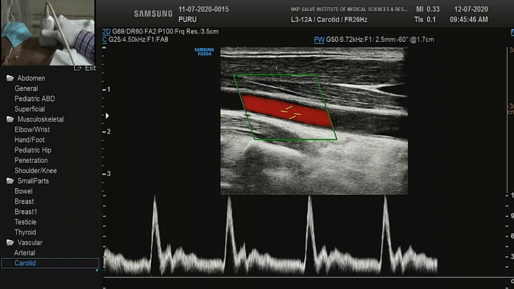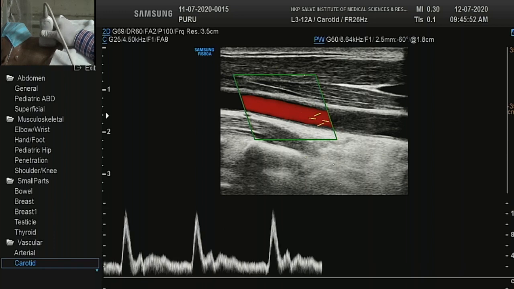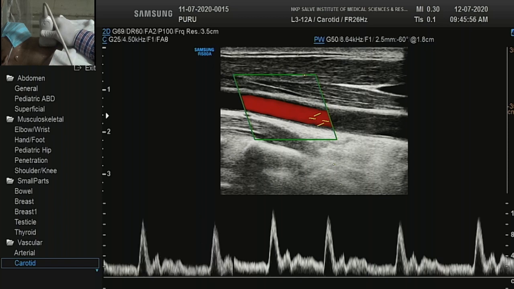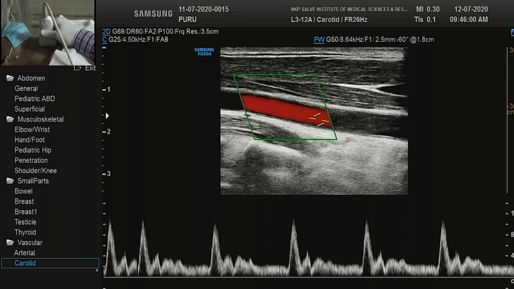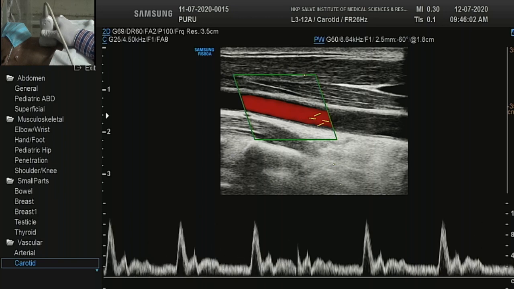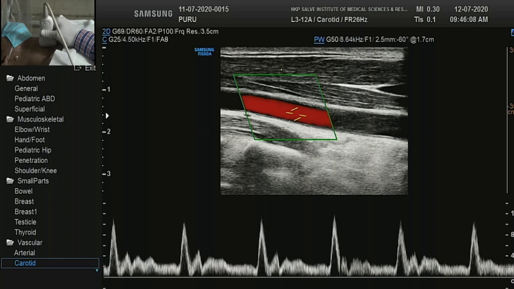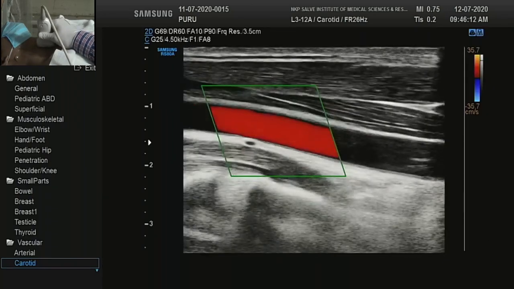So, young patient, mixed type of flow, good systolic, forward diastolic flow, a little bit of notching, but this is normal. So we'll save one image here and go forward.